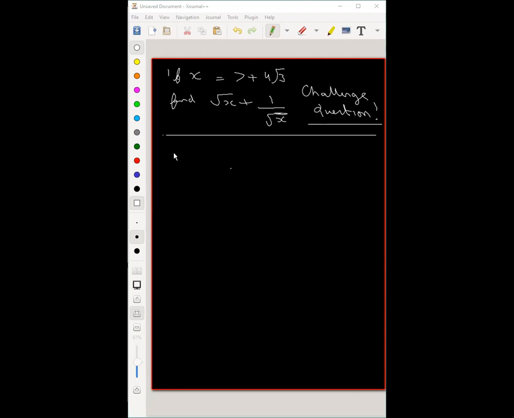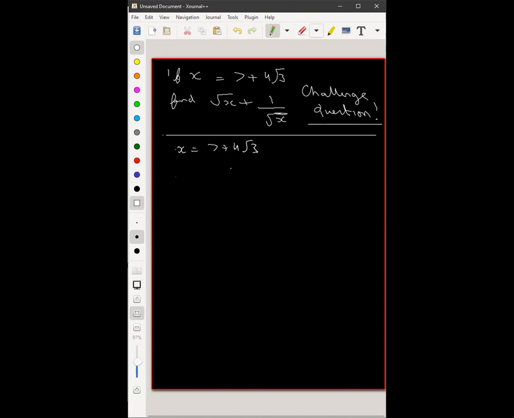Okay, Ishan, let's solve this. So x is equal to 7 plus 4 root 3. So 1 upon x would be 1 upon 7 plus 4 root 3. Sarah, that is incorrect. We will rationalize. All of you pay attention.